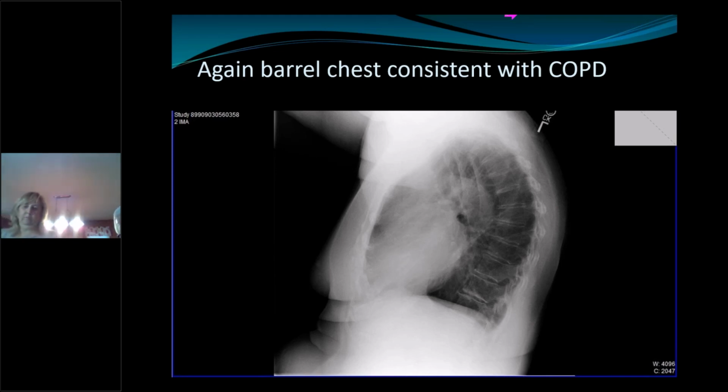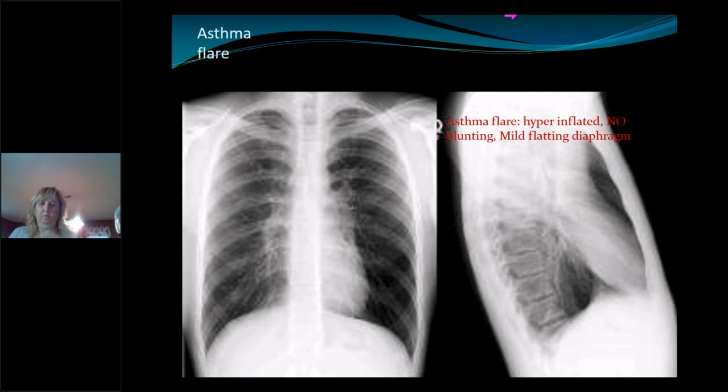Again, COPD. So we look at this guy and you say, well, COPD, hold the phone a minute. When you look at the lateral view, is this guy barrel chested? And the answer is no. Is there significant flattening of the diaphragm? Maybe a little, but it's not quite as bad. Look at the costophrenic angles. Are they nice and sharp? And the answer is yes.